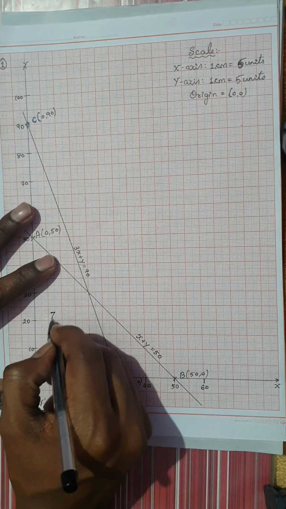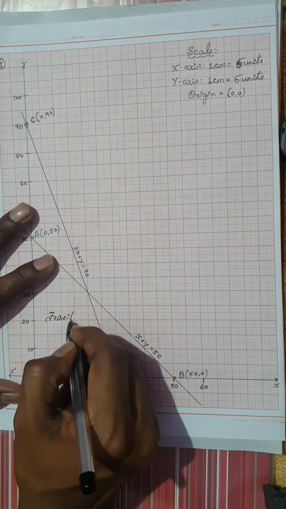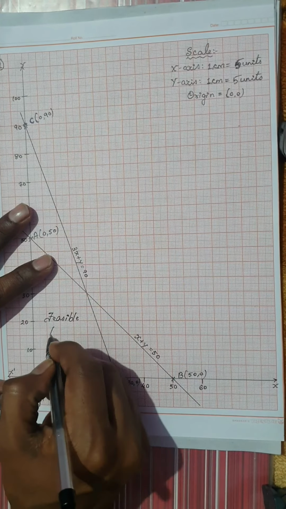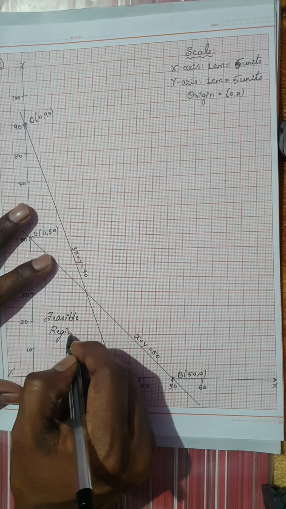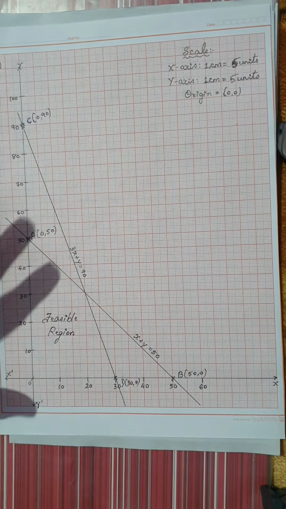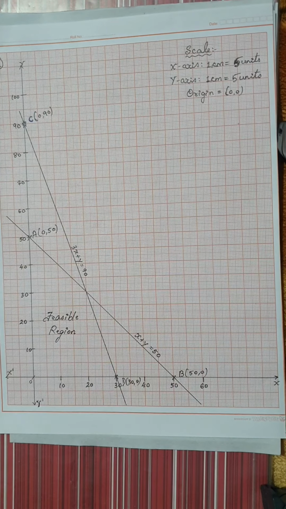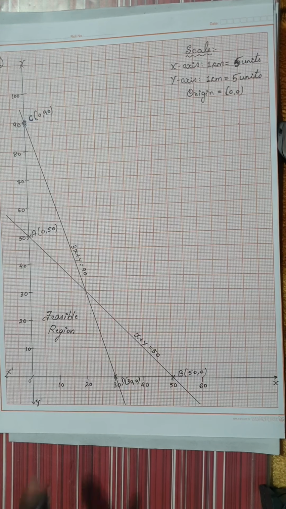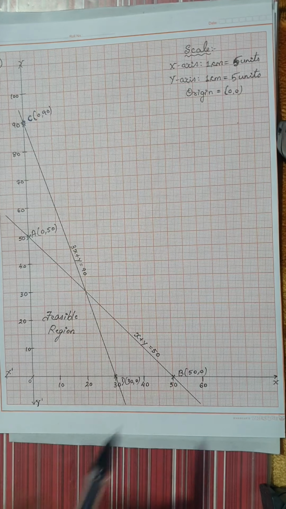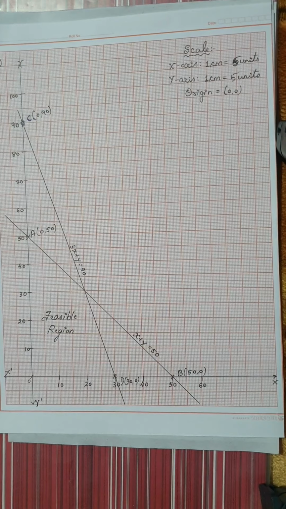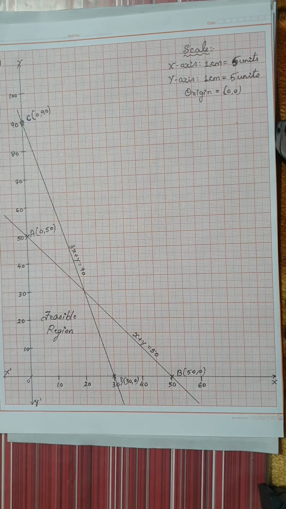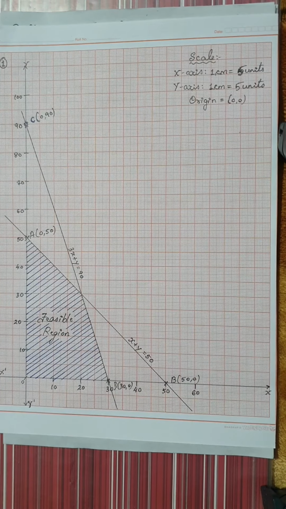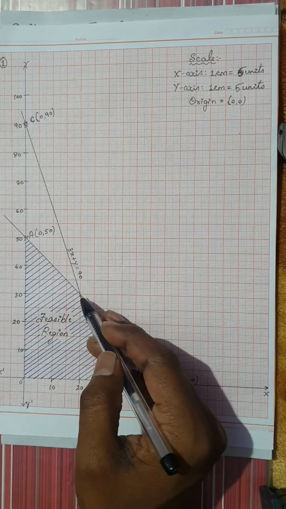This is a very important part. If you can identify the feasible region correctly, most of your process would be correct. Once you get this feasible region, you have to shade it. So I have shaded the feasible region.